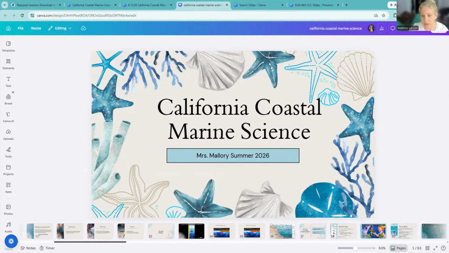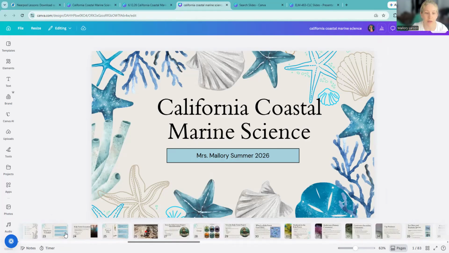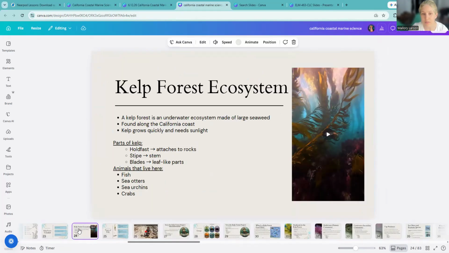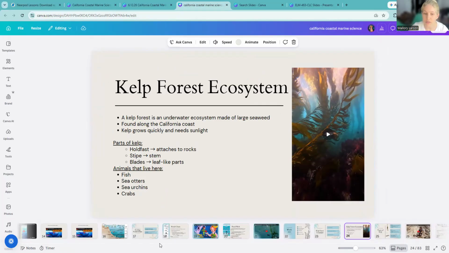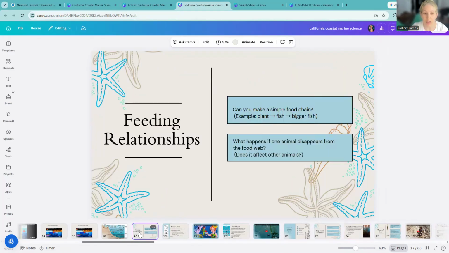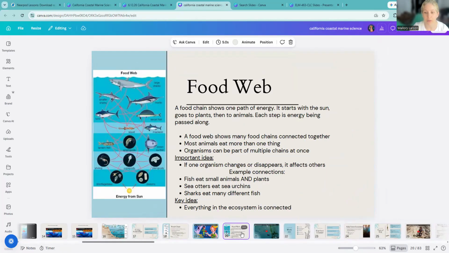That's going to be in week 2 of this topic, where we talk about the kelp forest ecosystems and our vocabulary. I also introduced the concept of a food chain and food web in week 1 in feeding relationships. I have an example of a food chain, an example of a food web, and 2 different videos that support that from last week's lesson.